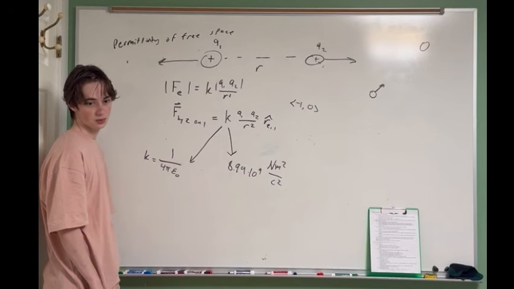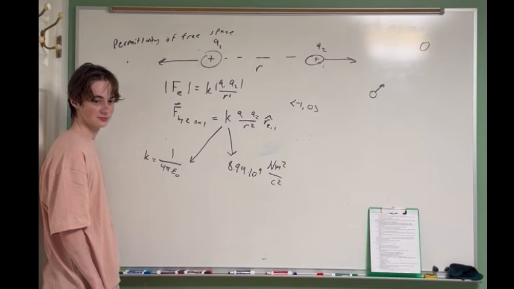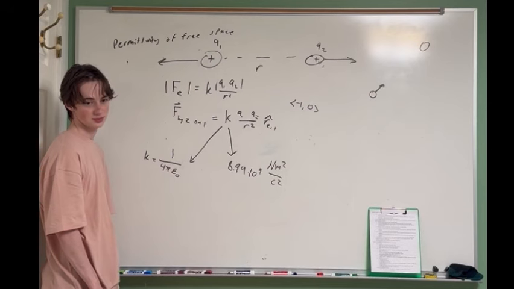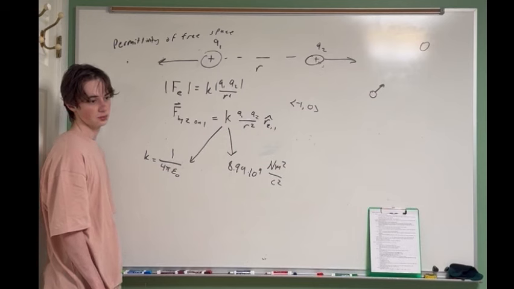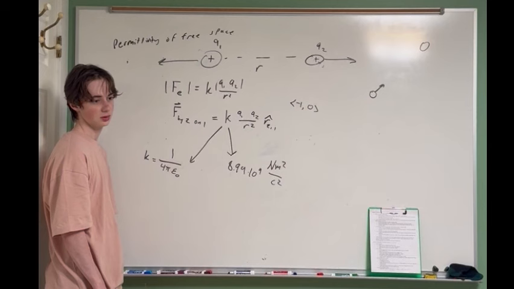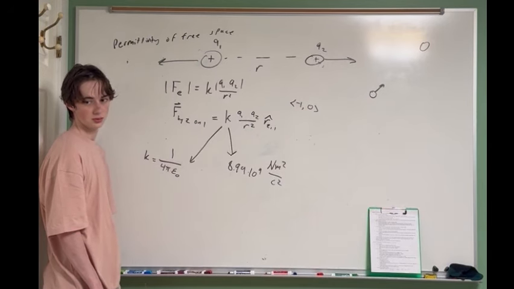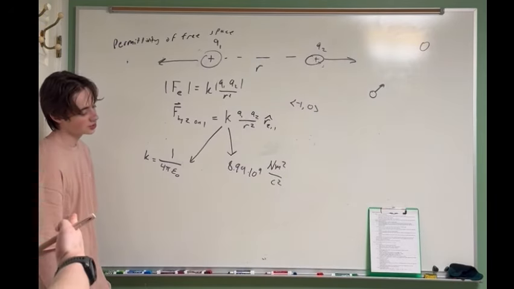Does that make sense? It's literally part of K. Do you use permittivity of free space in physics mechanics? Permittivity of free space is how the material changes how much the force is. Physically, it doesn't really make sense.